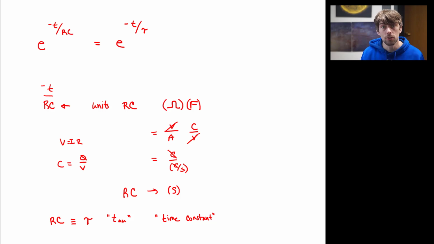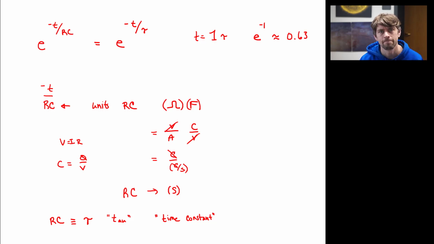Now, the advantage of using that sort of notation is that when one time constant elapses, say when t is equal to 1 tau, you know immediately that you get something like 63%.